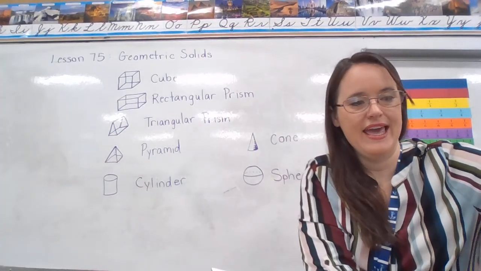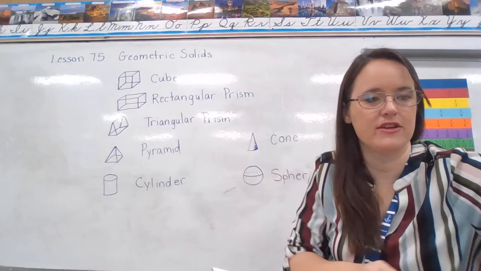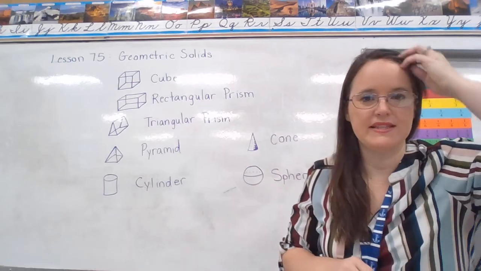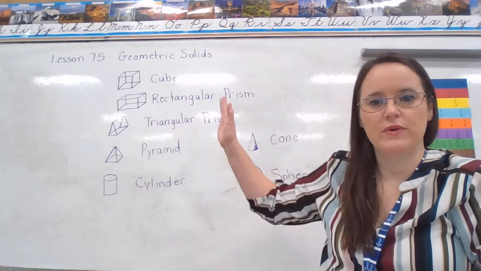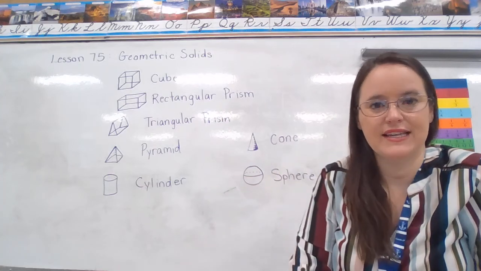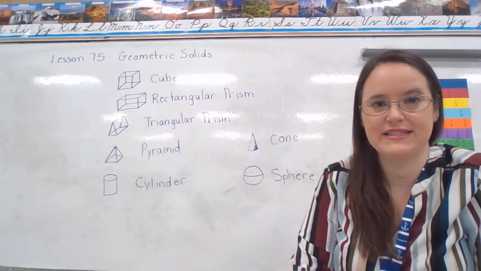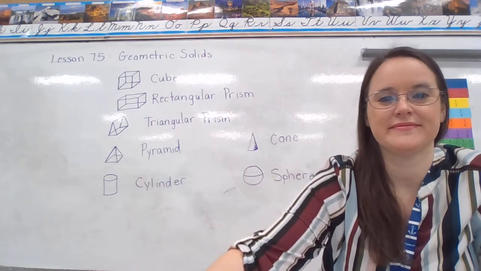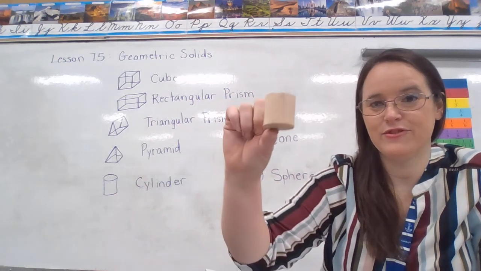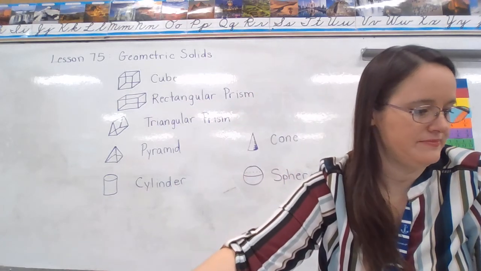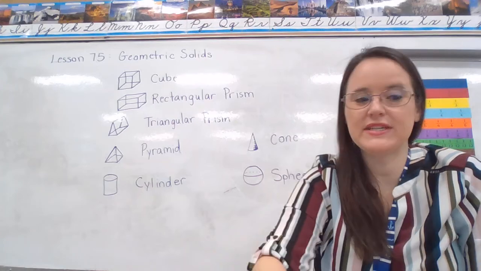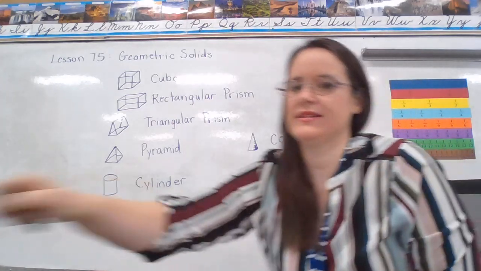So, a can of beans. Think about your pantry. Does your mama cook beans from a can? Sometimes I do, sometimes I don't. But which geometric solid does a can of beans look like? Any canned food is going to be a cylinder. Okay?